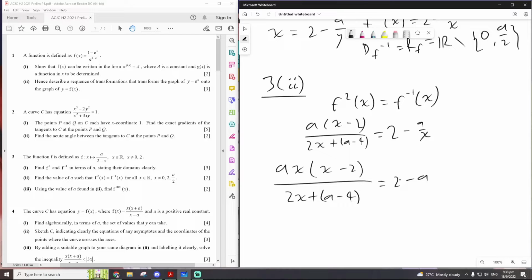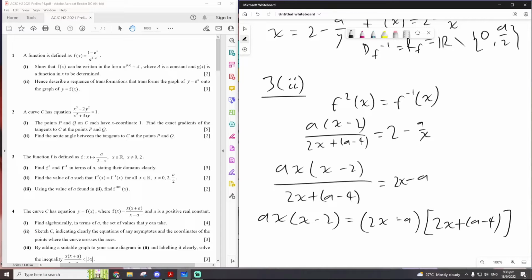Oh, there's 2x minus a, sorry. Okay. We're going to multiply both sides by 2x plus a minus 4, the denominator. ax times (x minus 2) equals (2x minus a) times (2x plus a minus 4). Okay, and you'll see that there's an x squared here and an x squared there. So by observation, a equals 4.